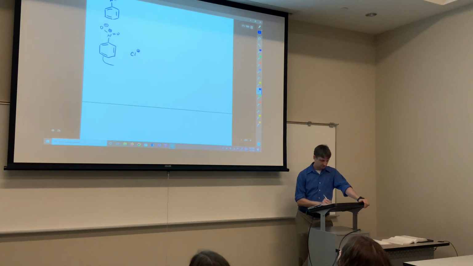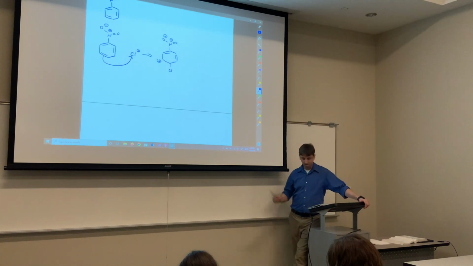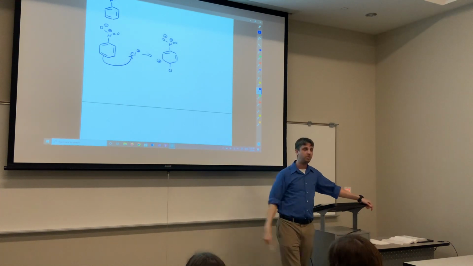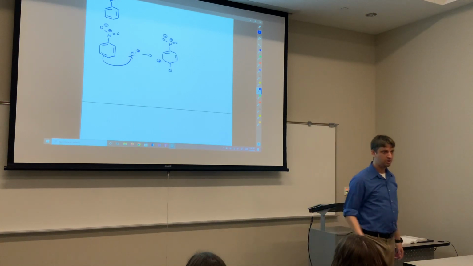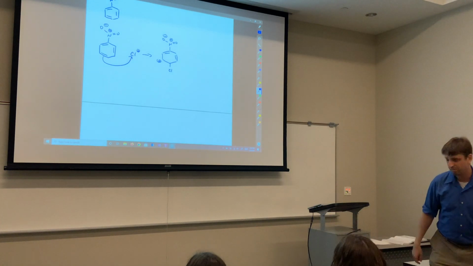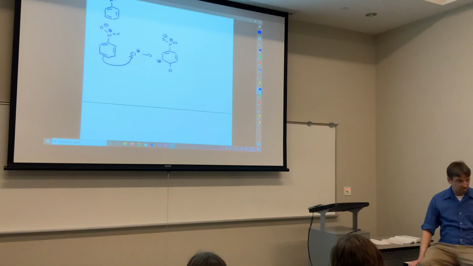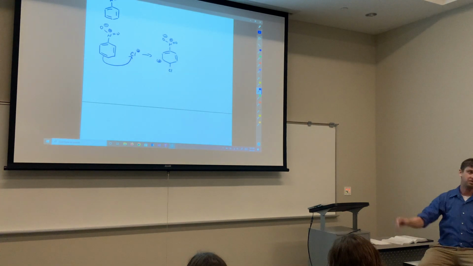Let's do this. What's the problem that we have to fix in this intermediate? Is it the nitro? What's the problem? Stabilizing the carbocation, or all the resonance structures.